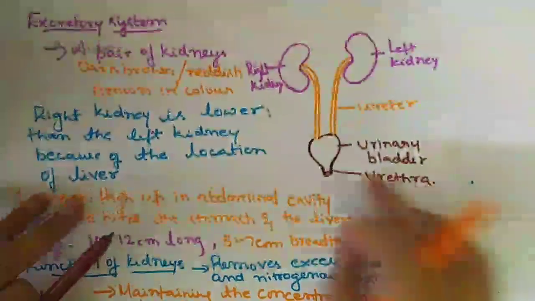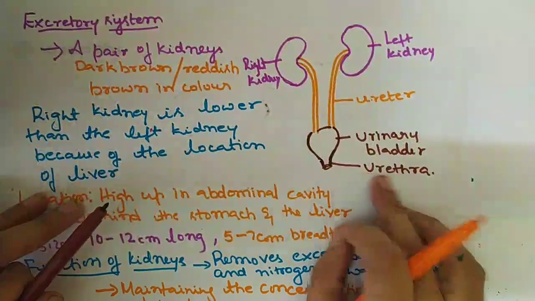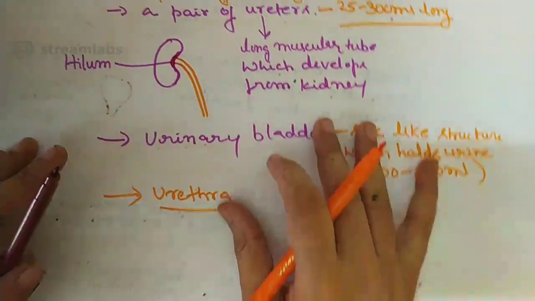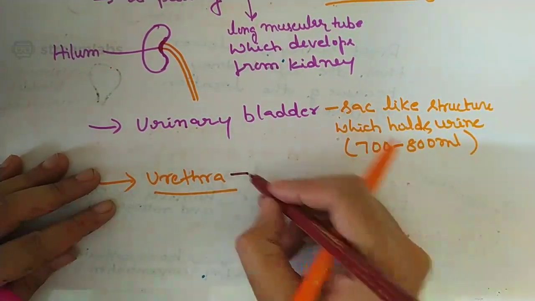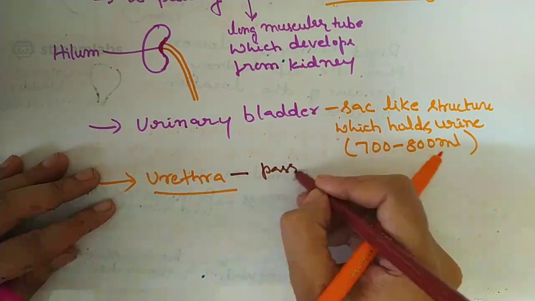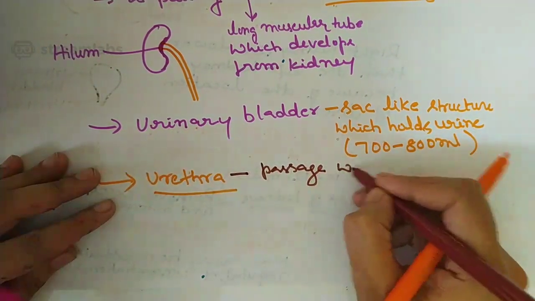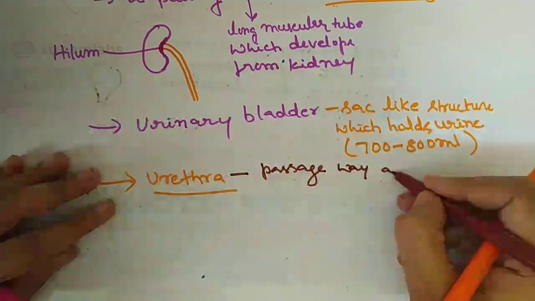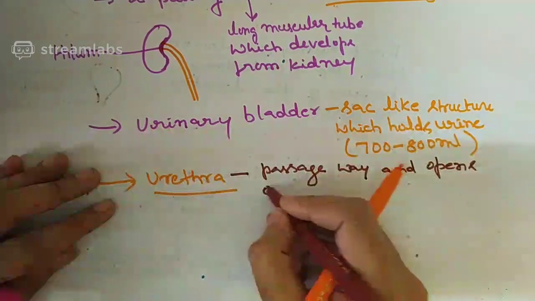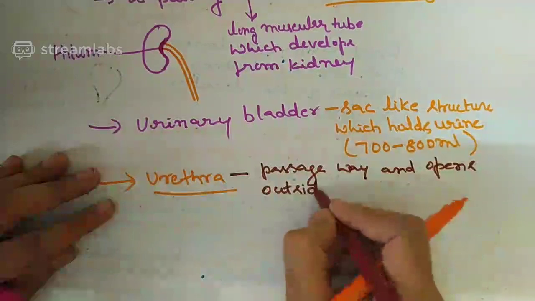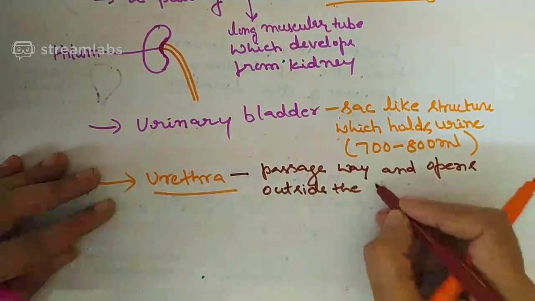So this is our excretory system. What is this urethra, students? It is a passageway and it is going to open outside the body.